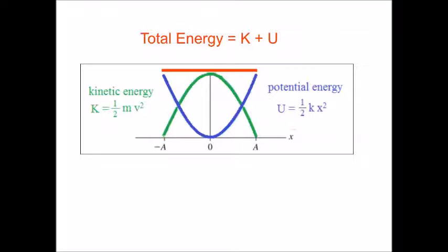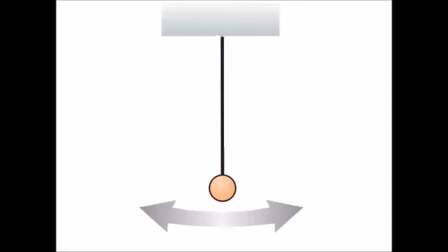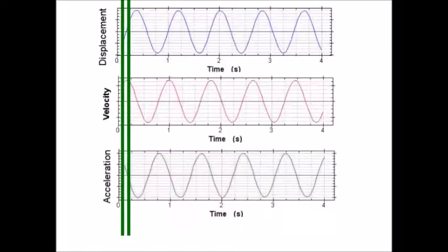And if we're having fun with position and velocity, how about we get acceleration into the ball game here? It's another wave. Turns out the slope of a wave is a wave, and the slope of a wave is a wave again. Start with this position. Displacement is zero, velocity is a max, and we are not accelerating at this point. That corresponds right there. A little bit later, a different situation.